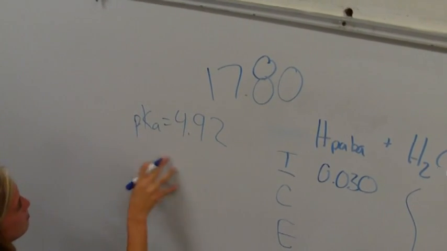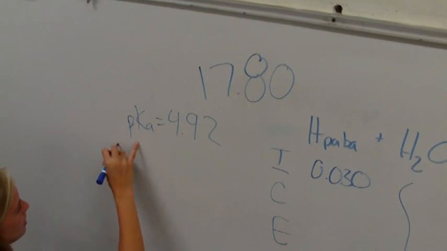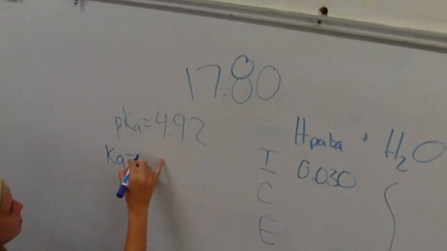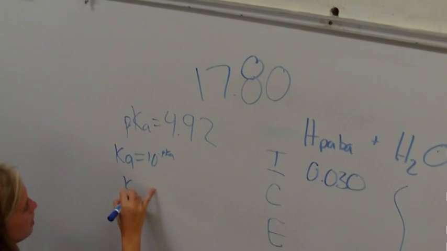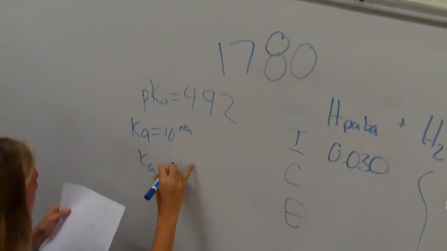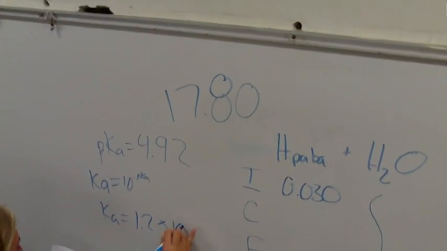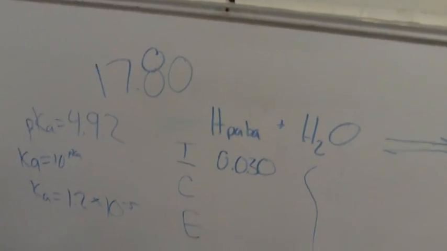So to get back to the original, you just raise it. So the Ka is going to be 10 to the negative pKa. In this case, the Ka is 10 to the negative 4.92, which gives us 1.2 times 10 to the negative 5. So now that we know our Ka, we're going to use an ICE table.